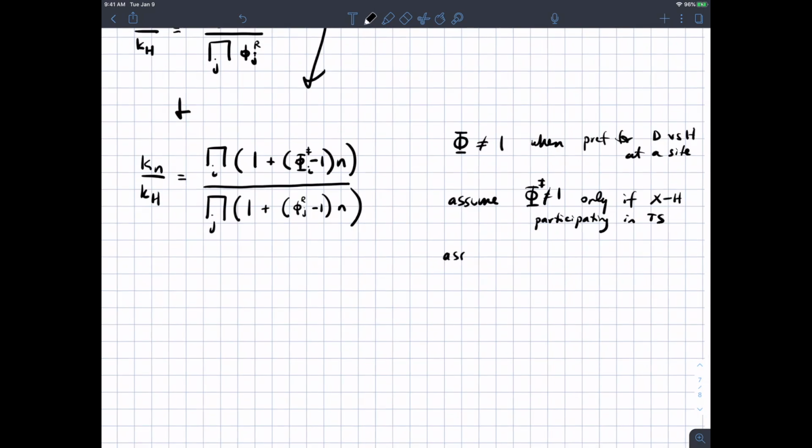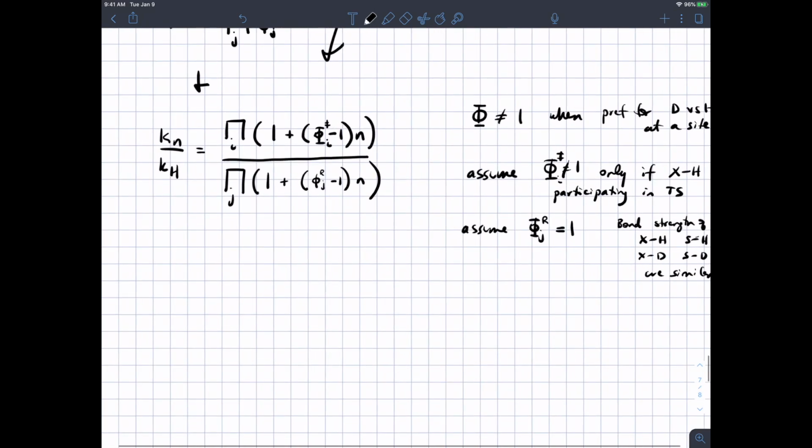And we're also going to assume that the fractionation factor in our starting material, our reactants, is basically equal to 1. This is the same as saying that bond strengths of XH versus SH and XD versus SD are similar, which is a reasonable assumption for a lot of the XH types of bonds that are present in biomolecules.